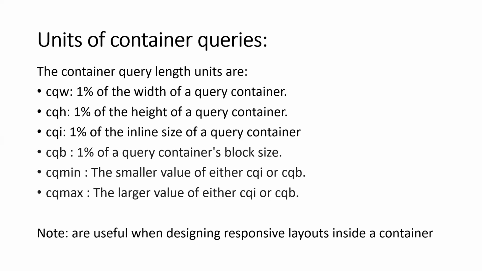So we have the rest there. But note, these are useful when designing responsive layouts inside a container. You use these units when you are using container queries and you want to make your elements responsive, referencing the container width and height.